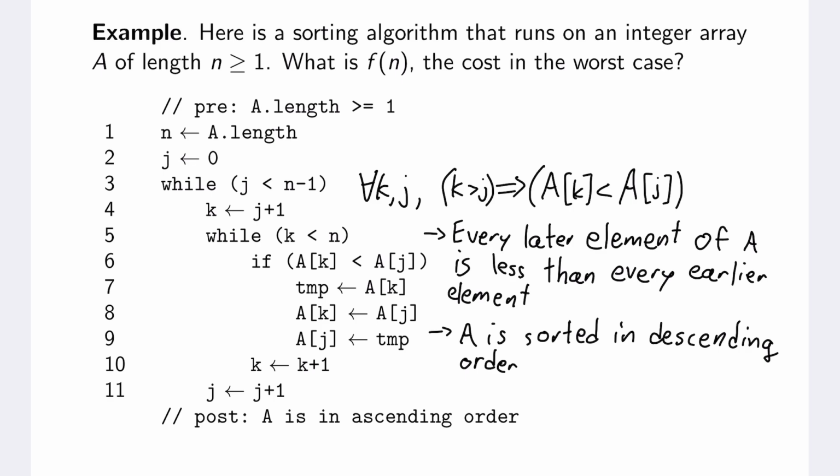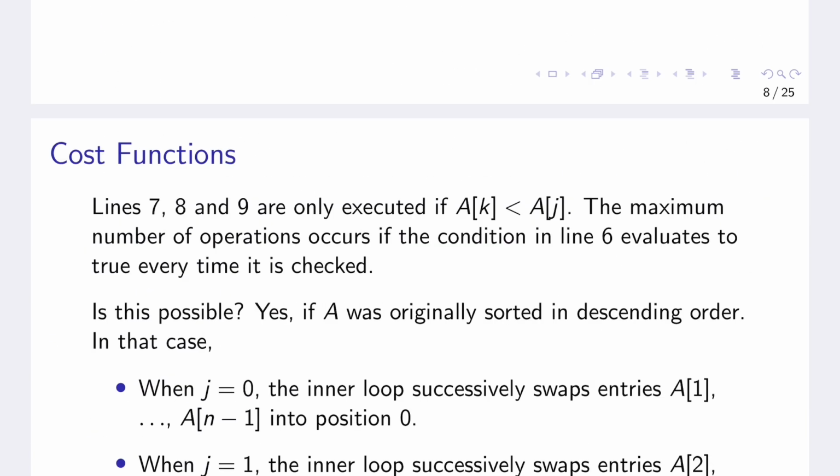Actually, it's not quite right to say that it doesn't change, but A will still be in descending order for all, I think, elements after J. And then we're just going to move on from that. Draw it out yourself if you want. We don't have time for this.